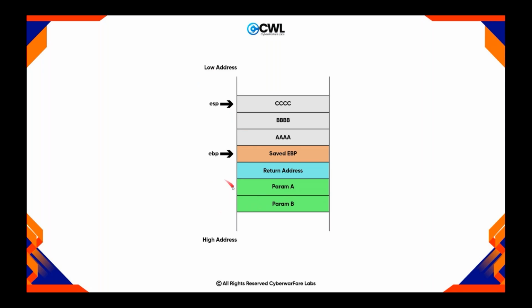So first of all, the parameter will be passed onto the stack, and then the return address will be passed here. The return address will be the location where the caller wants that particular function to return after the function executes its operation. And also it will save the old EBP, the old base pointer for the below stack, which is for that caller function, because after it is returning from that particular function, it has to maintain that frame as well, which is why the old EBP of the caller function will be saved.